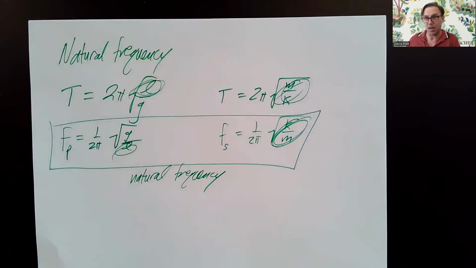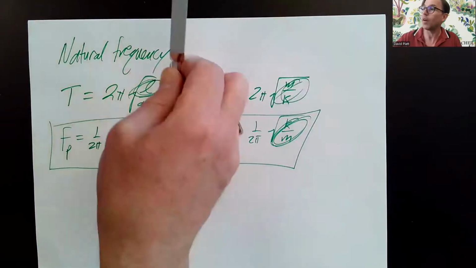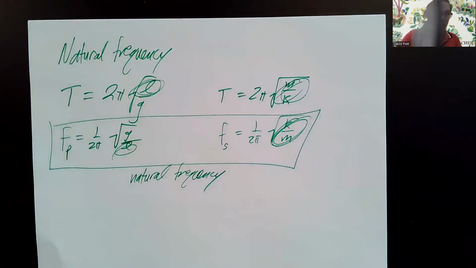So I'm going to hit this on something hard like the table. You hear that higher note? And then there's also this lower note. So I'll show you where the microphone was. So that's interesting. There's two notes.